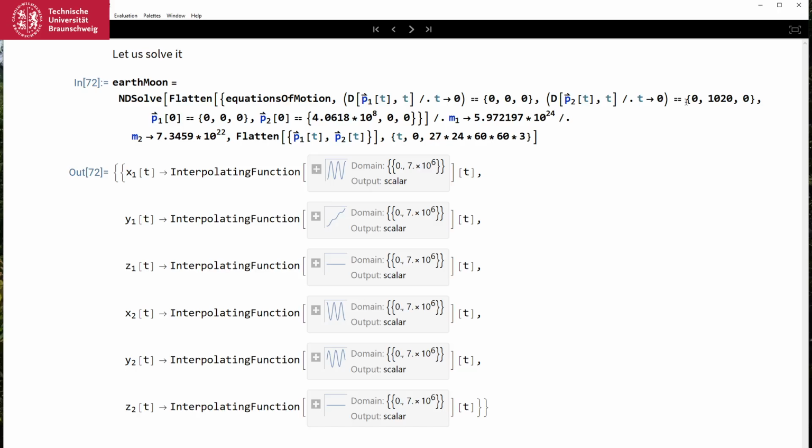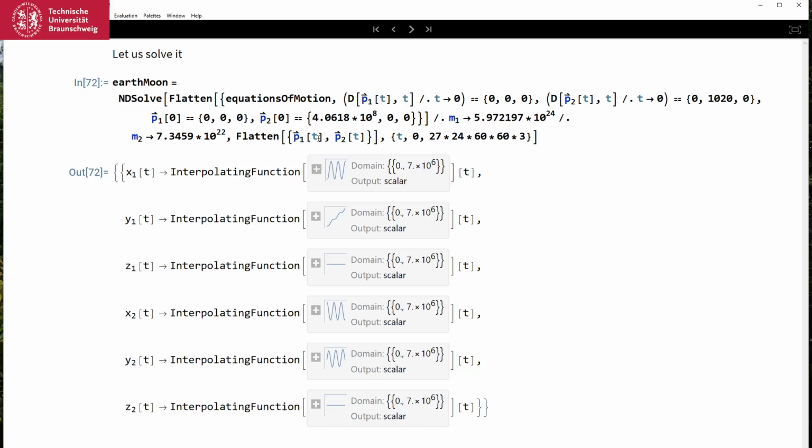So now the initial conditions is I put Earth, yeah, I put Earth at the position 0, 0, 0, and I put the moon in a distance. Sorry. No, this is not the position. This is the time derivative. So I put Earth at velocity 0, right? And I put the moon as 1020 meters per second. Yeah?